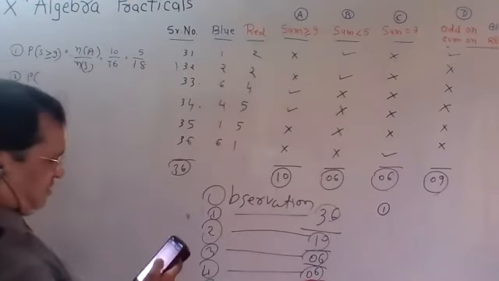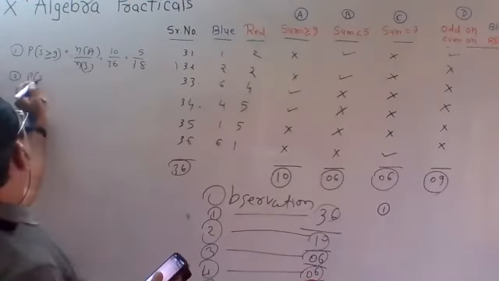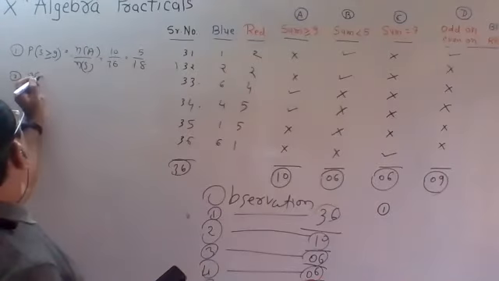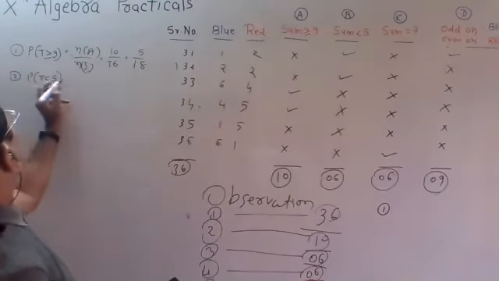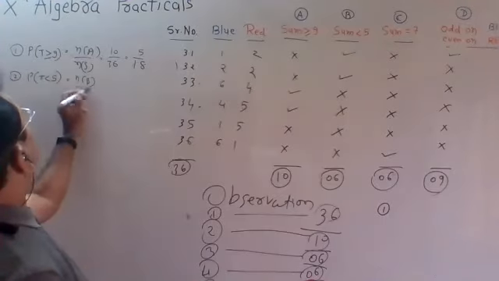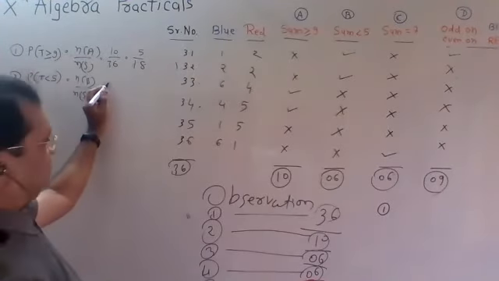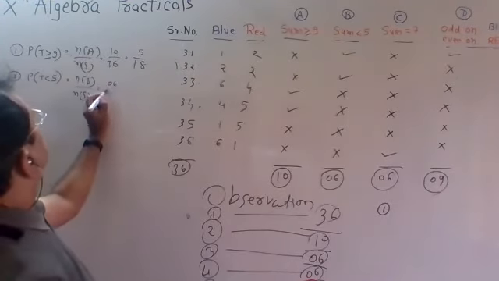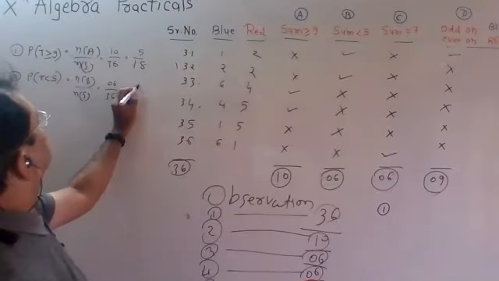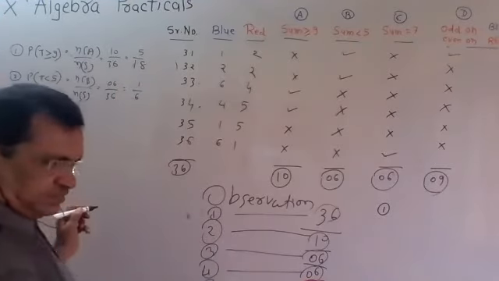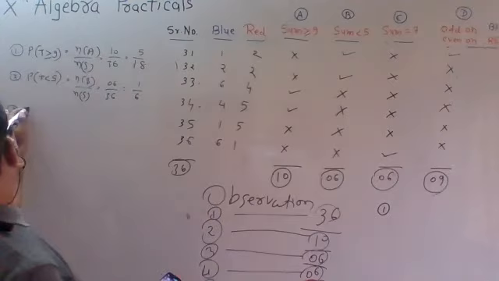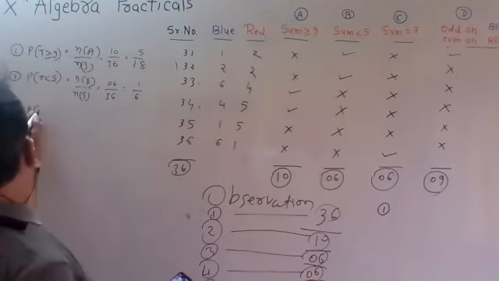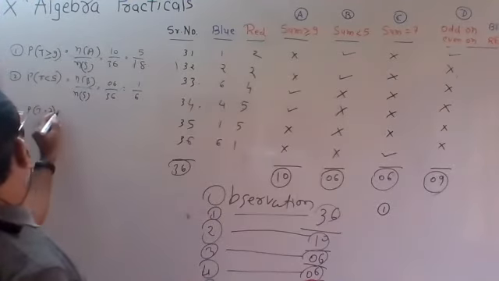Second probability means total less than 5. Number of B divided by number of S, that is 6 divided by 36. Third probability, total exactly equal to 7.